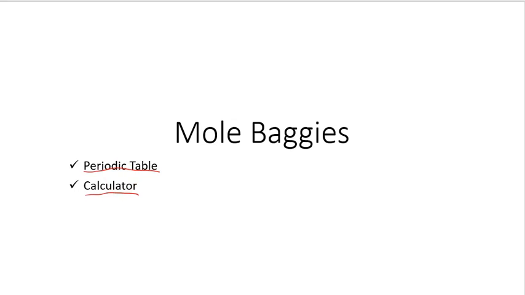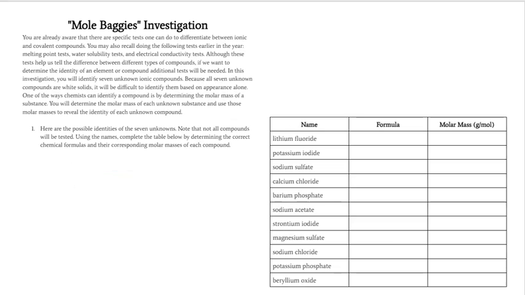The basic idea with this activity is you're going to use the molar mass, which is somewhat unique for each compound, to help identify some unknown white solids. Each baggie around the classroom at 7 different balances has a different ionic compound.